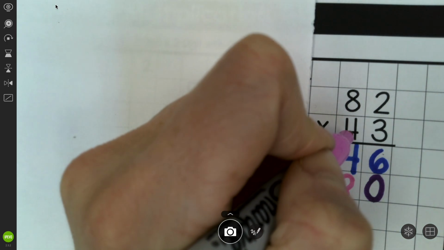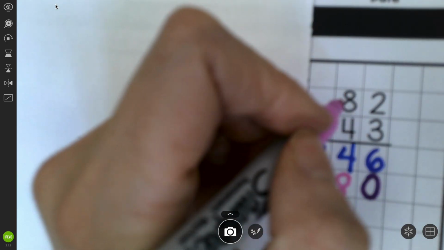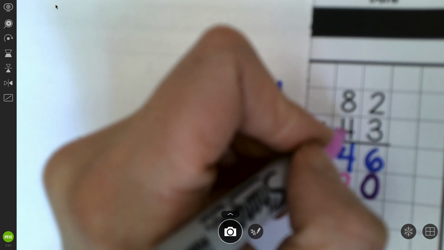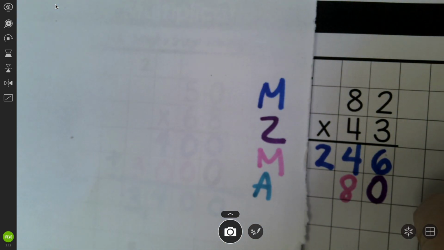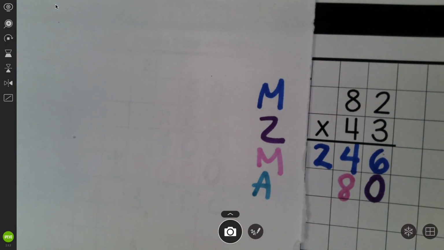Now I multiply 4 times 8. I'm going to skip count by 4 8 times, okay? So here we go. 4, 8, 12, 16, 20, 24, 28, 32.